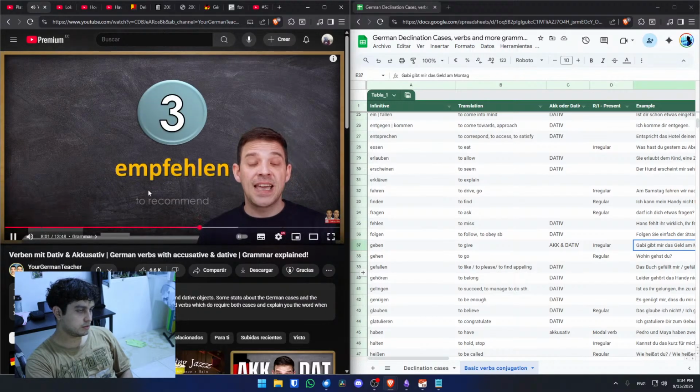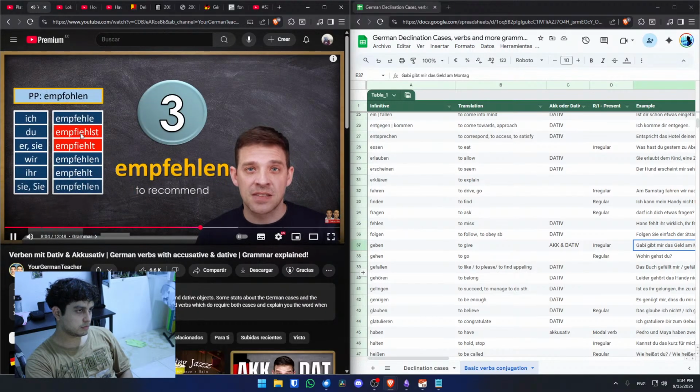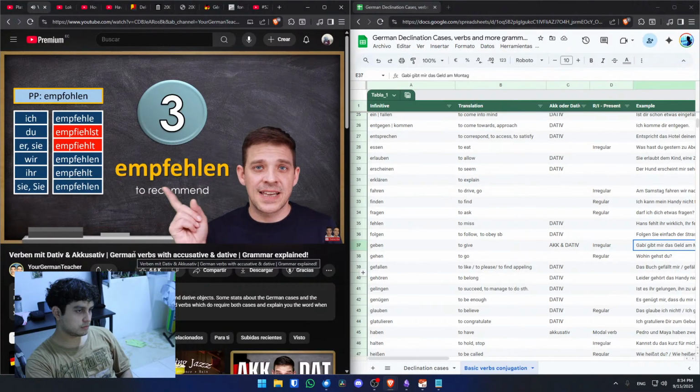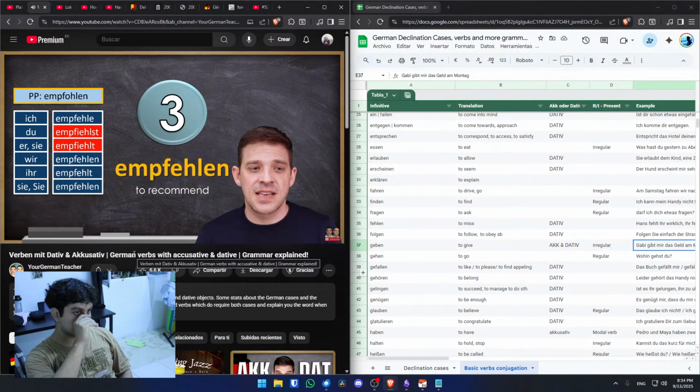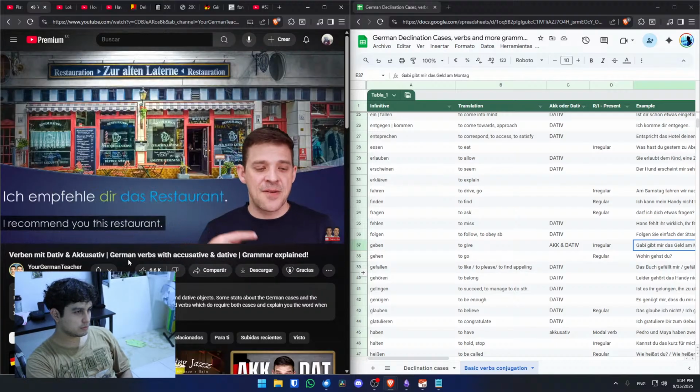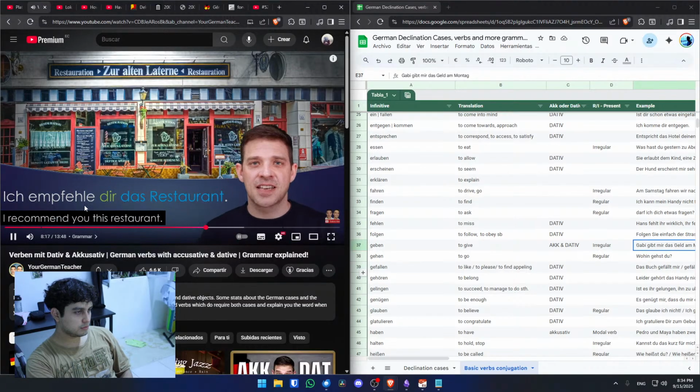Nummer 3, empfehlen. Empfehlen heißt to recommend. Und empfehlen ist unregelmäßig in present tense. Ich empfehle, du empfiehlst, er, sie, es empfiehlt. Zum Beispiel, ich empfehle dir das Restaurant.